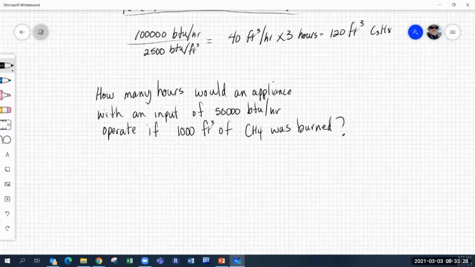There you go. How many hours would an appliance with an input of 50,000 BTUs per hour operate if 1,000 cubic feet of CH4 was burned? 20 hours. Well, that is correct. You guys are too fast for me. 20 hours is correct.